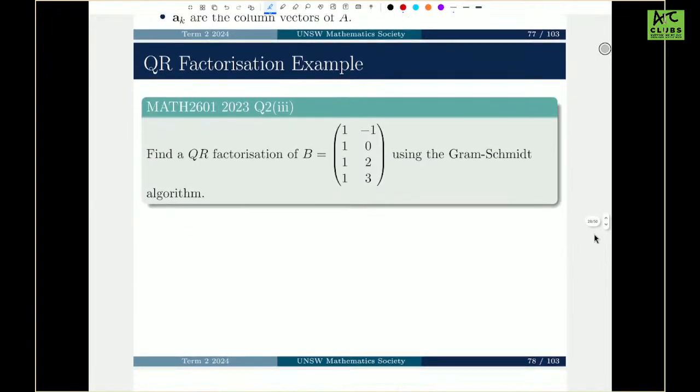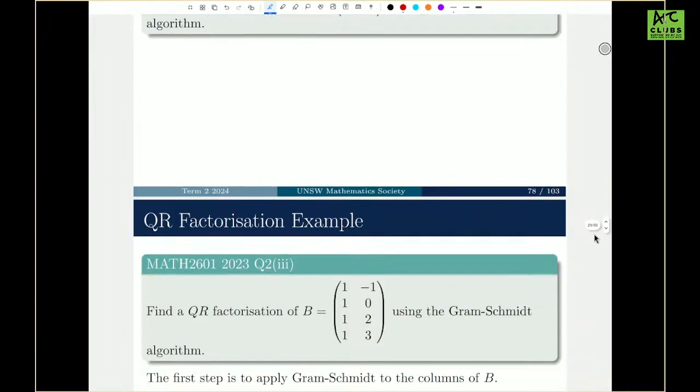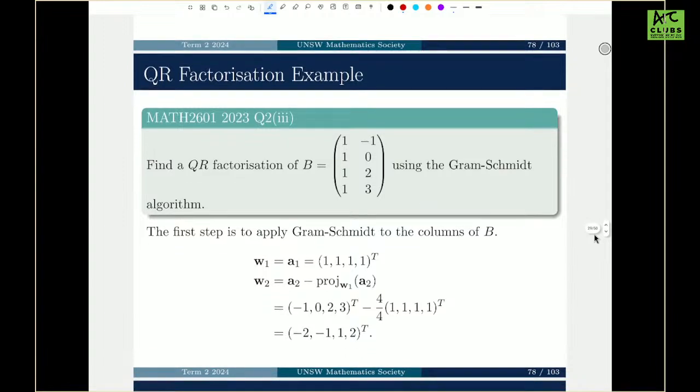Okay, so we've got this matrix B. We want to do the QR factorization. Immediately by inspection, it's a full rank matrix, since these columns are not scalar multiples of each other. So we are good to proceed. We want to use the Gram-Schmidt algorithm. We extract the first vector, this one here, and call it A1.